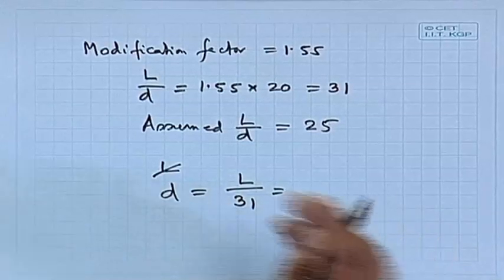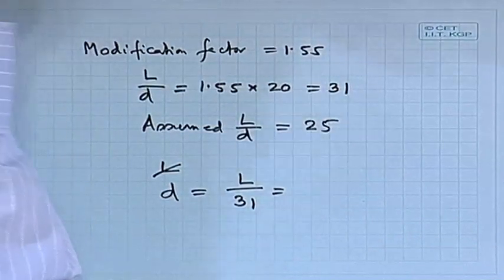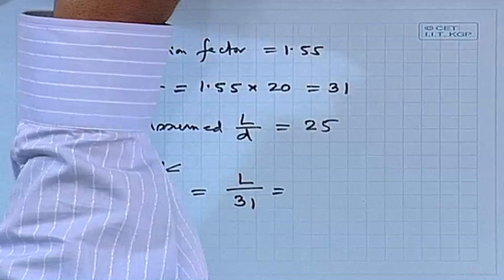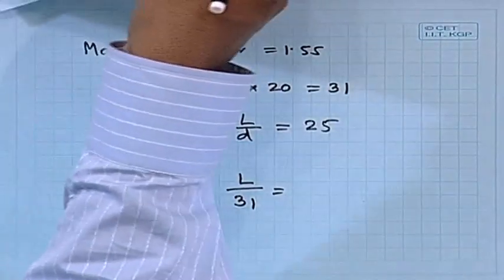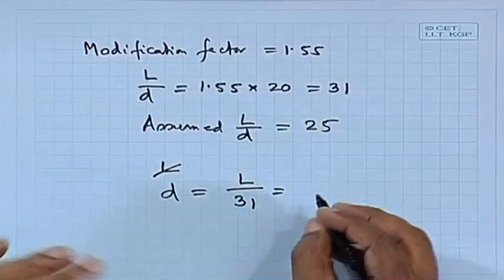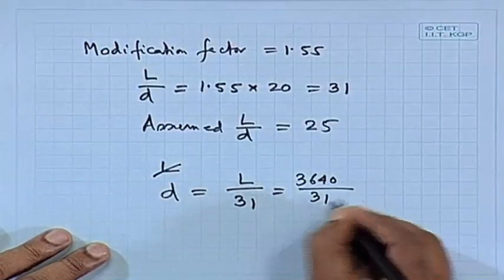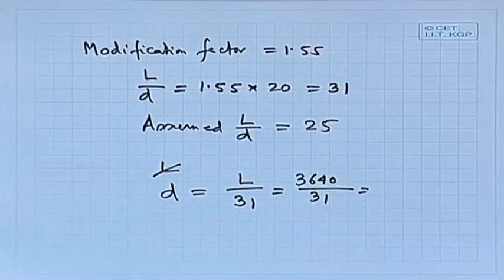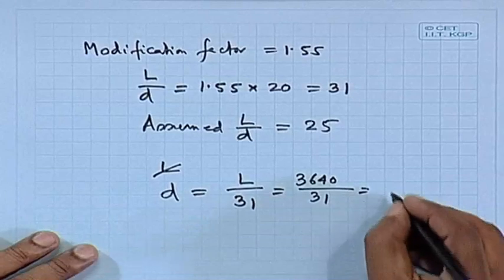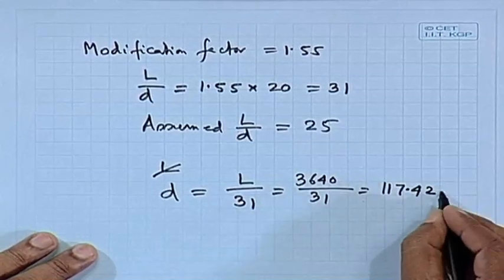Okay. So, we can come back to the effective span, 3.64, so 3640 divided by 31, which comes as 117.42.